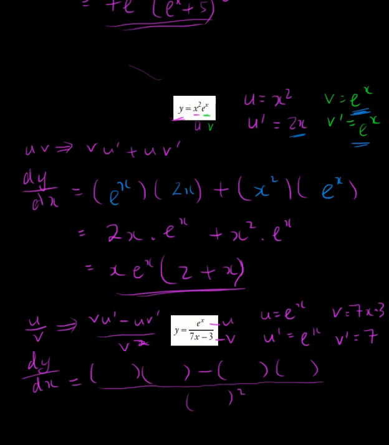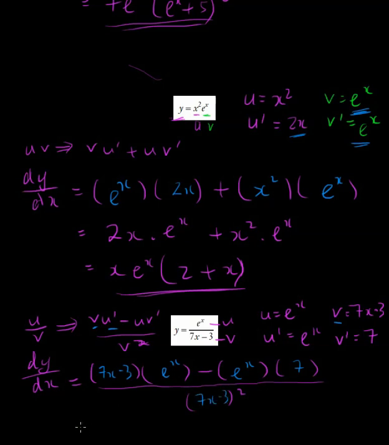Let's put our differentiation coefficients back in. v is 7x minus 3, u dash is e^x, u is also e^x, and v dash is 7. Our v is once again 7x minus 3, and put them all together.